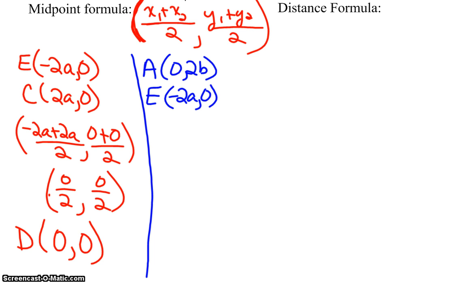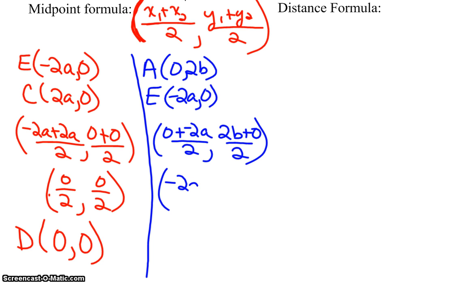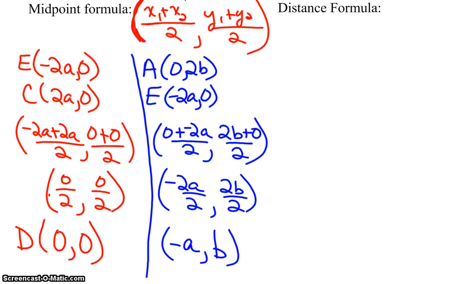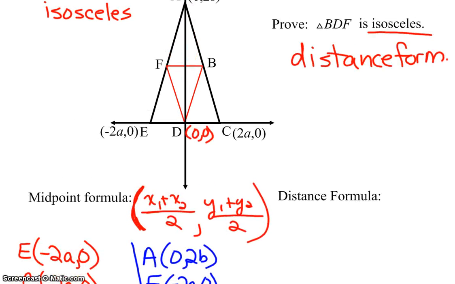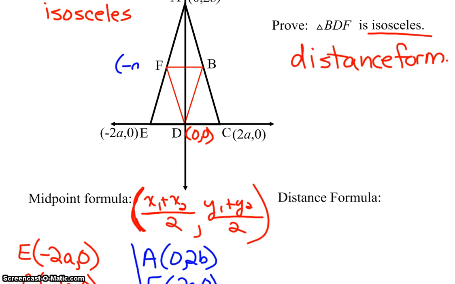So doing the midpoint formula, (0 plus -2a) over 2 and (2b plus 0) over 2 is going to give me -2a over 2 and 2b over 2. Simplifying these fractions gives me -a and b. Therefore, the coordinates of the midpoint of this side are (-a, b).